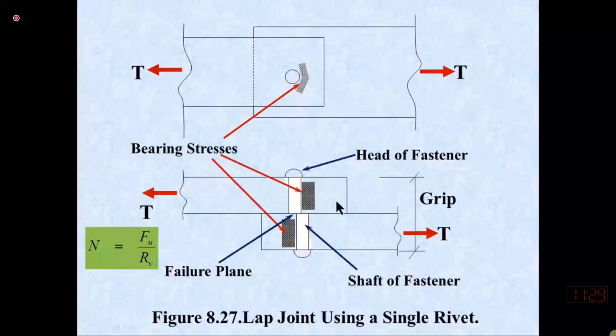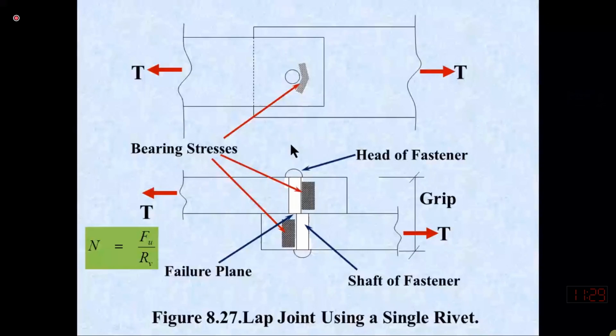Number one is the bearing. Bearing means that these bearing stresses are acting opposite to the force direction. So if force is acting on the other side of this plate, the area surrounded by this rivet or fastener is subjected to high compressive stresses.